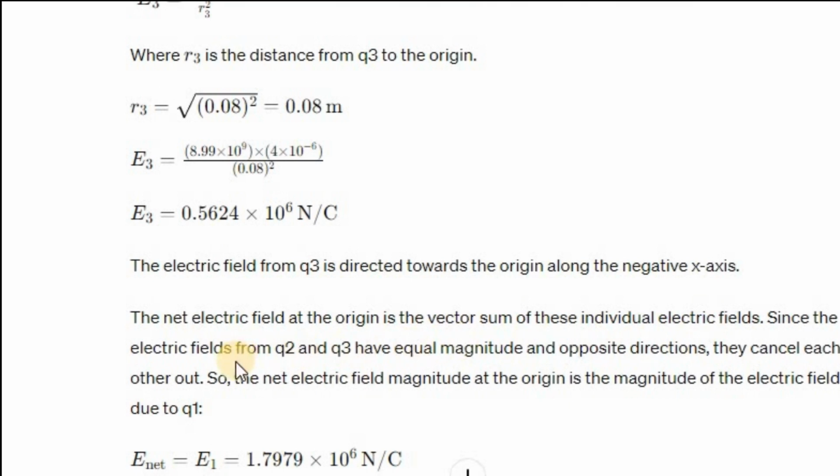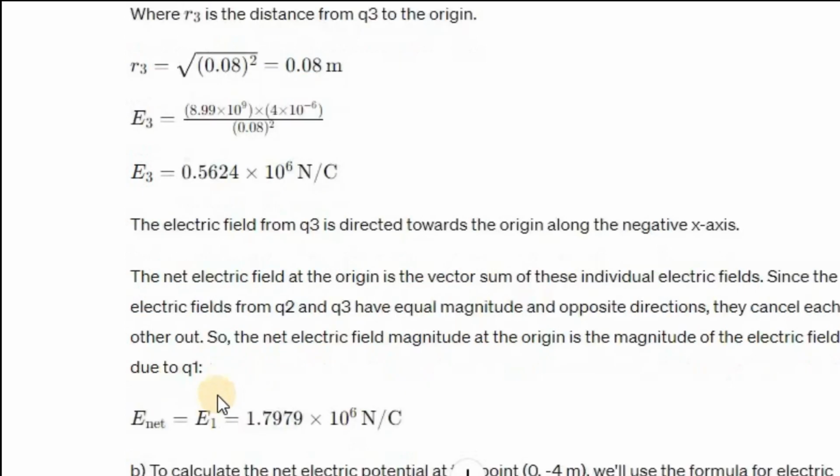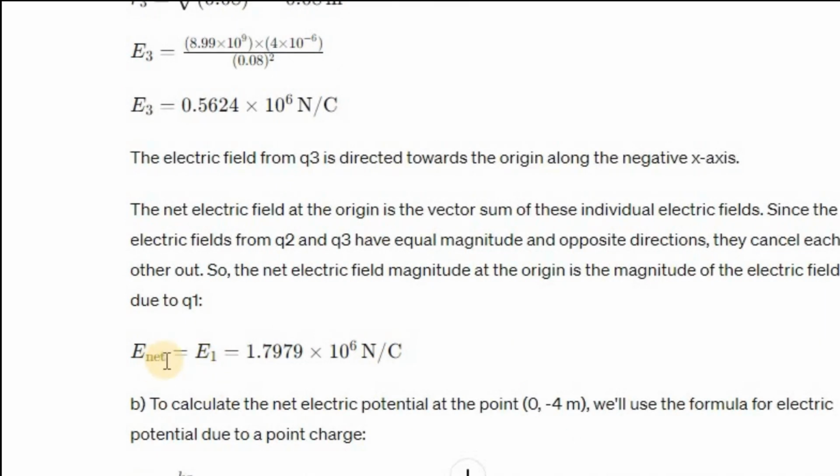Since the electric fields of Q2 and Q3 have equal magnitude and opposite direction, they cancel each other out. So the net electric field magnitude at the origin is the magnitude of the electric field due to Q1, E net equals E1 equals 1.7979 multiplied by 10 raised to power 6 N/C.